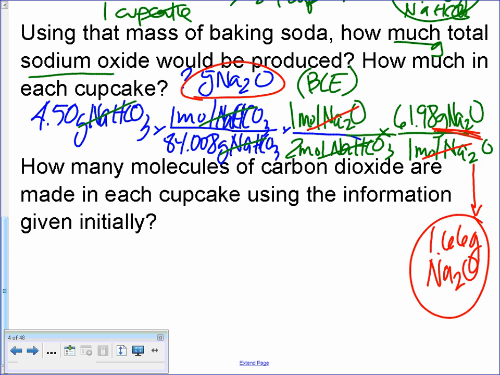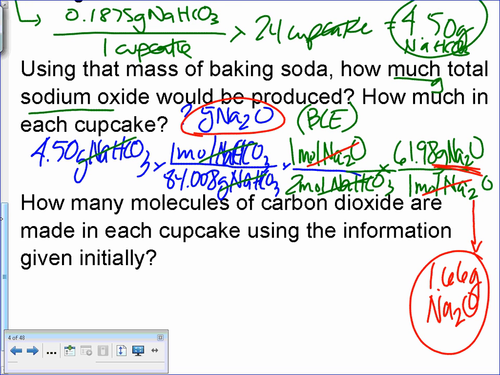Can you explain why we started in grams and then ended in grams? Yes. So the question given said using that mass of baking soda. So I gave you mass originally, but mass of reactant A, of one thing. And as the reaction happens, I want to know how much product I make. So I asked for how much mass I made of the product.